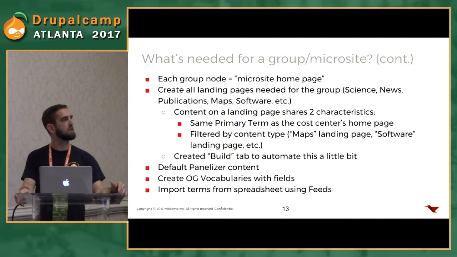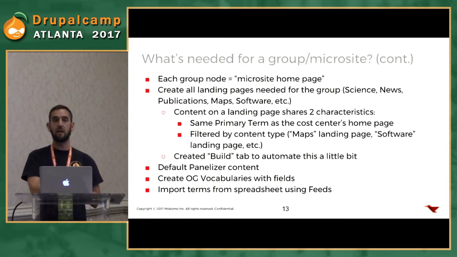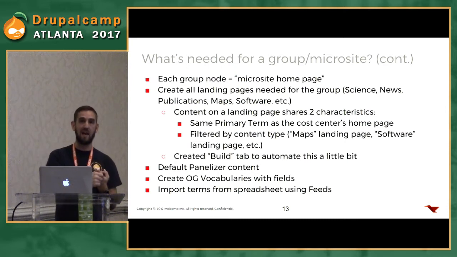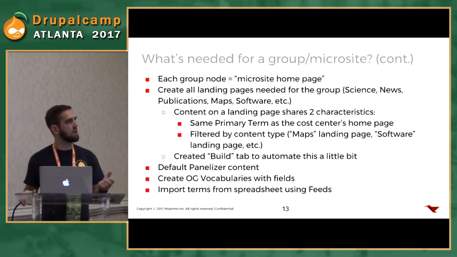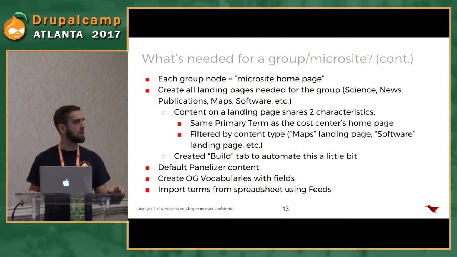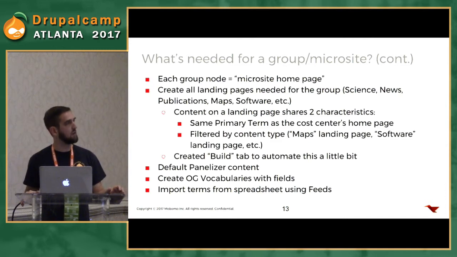It's hard to explain this part. But basically it's just a landing page for all the content of a certain type that also has the same tag as the group's homepage node. Does that make sense? It'll make a lot more sense when I show it to you live.